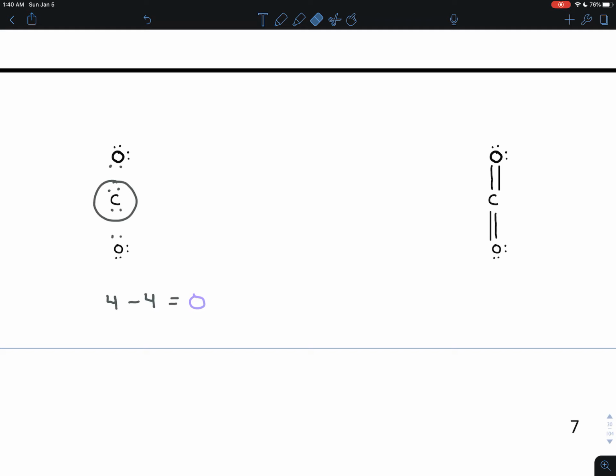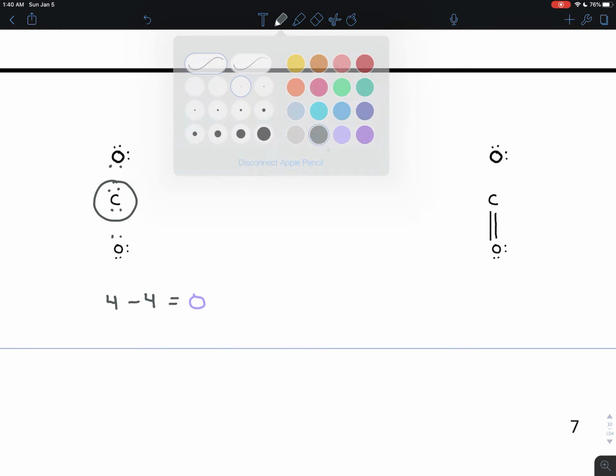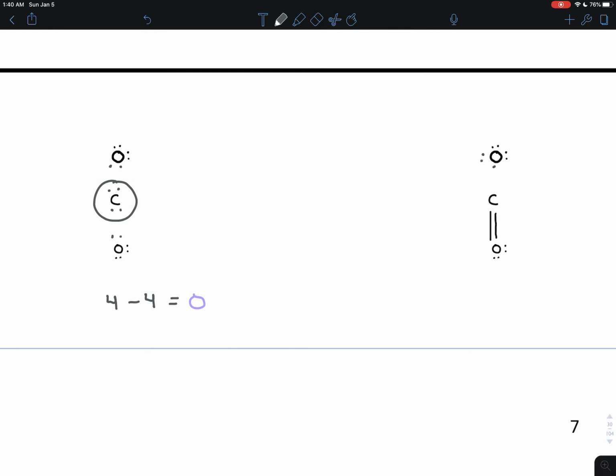If we think about the oxidation state on the carbon, then we'd assume that all these bonds are perfectly ionic, and the electrons in the bonds would go on the more electronegative atom exclusively, and those are the oxygens. So if we look at the carbon here, carbon normally has 4 valence electrons around it. It doesn't have any here, and so it would have a positive 4 oxidation state.